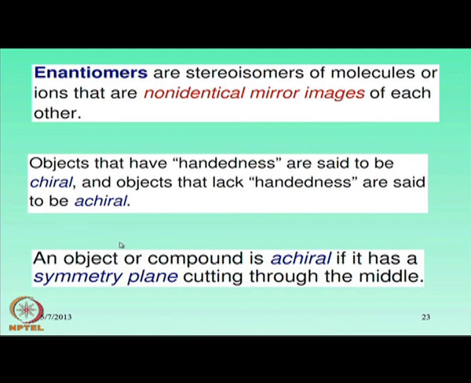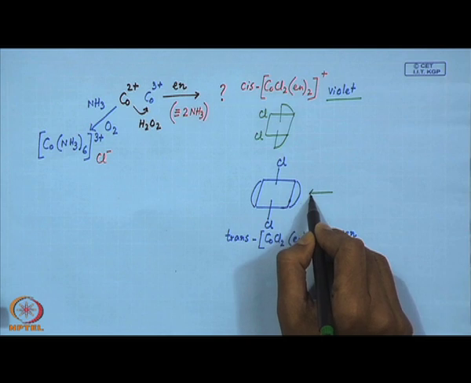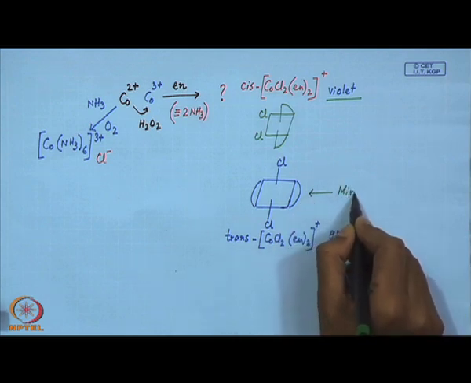When these achiral molecules are there, an object or compound would be achiral if it has a symmetry plane cutting through the middle. So, in this trans molecule, we can consider this plane as its mirror plane.